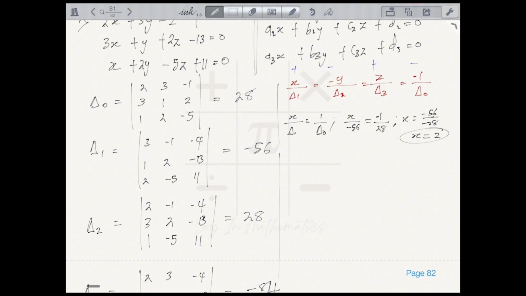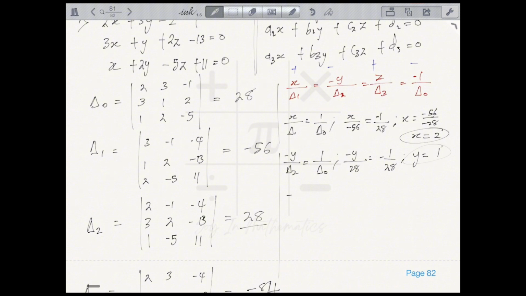Now let's evaluate for y. We know that minus y divided by delta 2 is equal to 1 divided by delta 0. So my minus y divided by what? My delta 2 is 28, is equal to minus 1 divided by delta 0, which is 28 also. If I simplify for y now, y is equal to 1.